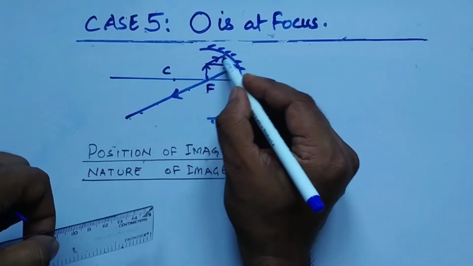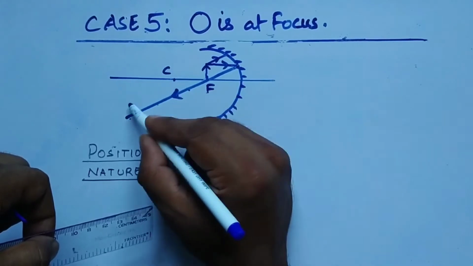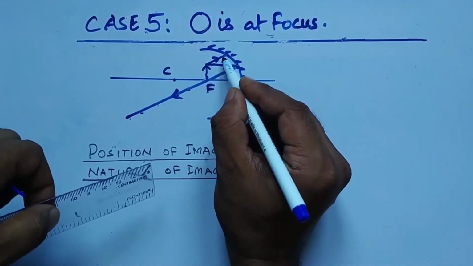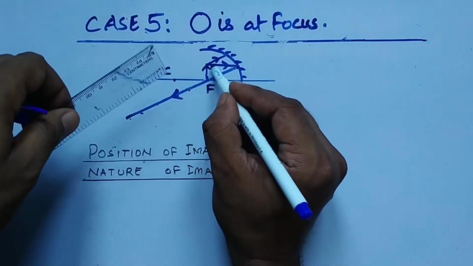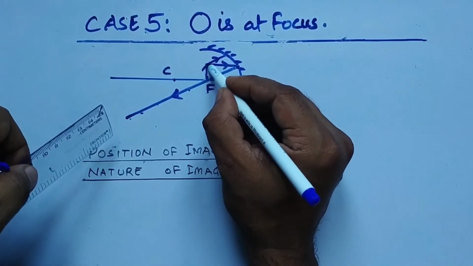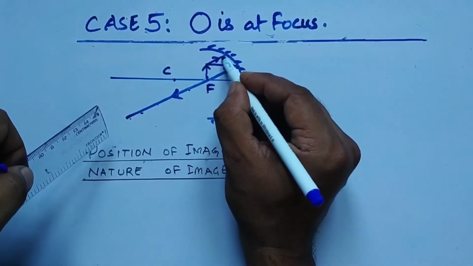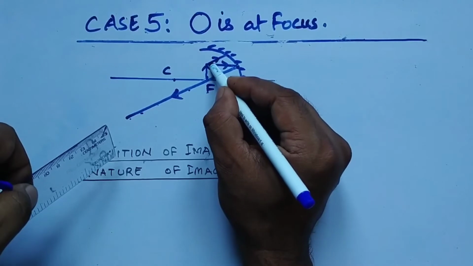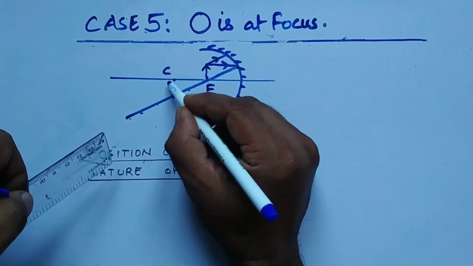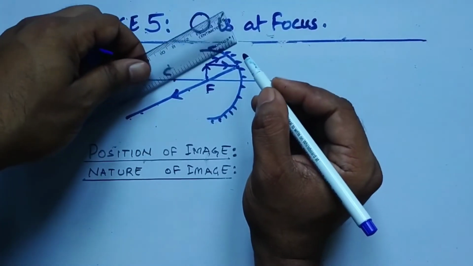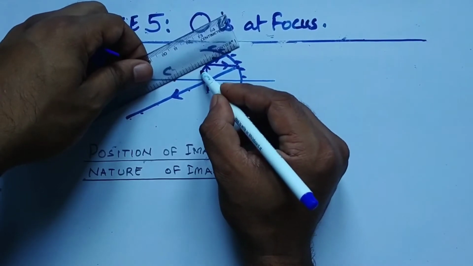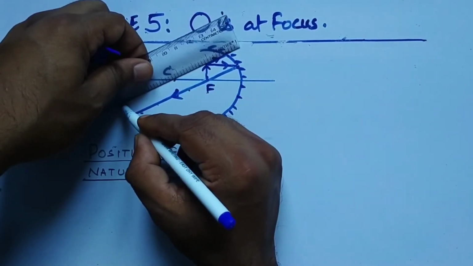Now for the second ray, as it is in line with center of curvature, it will revert back in the same direction. This will be the incident ray, and the reflected ray will first coincide with the incident ray and then move forward, and the complete ray diagram will be in this way.